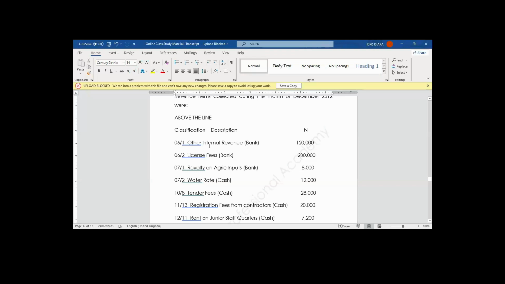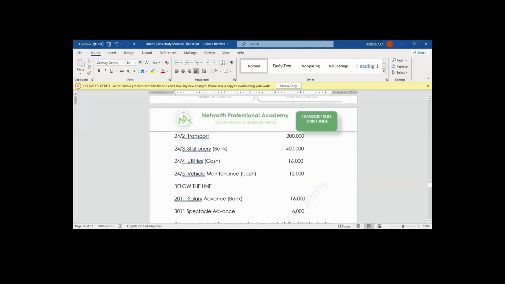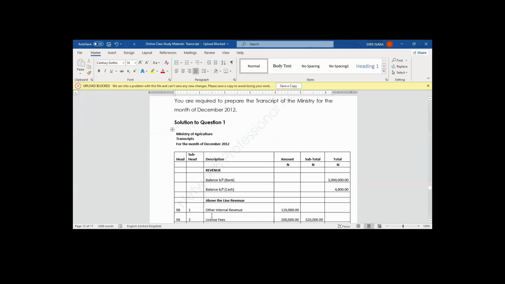This other internal revenue and license fee have the same head. So I will post them above the line. Other internal revenue, the head is 06, the subhead is 1. You post them under amount, because they have subheads.